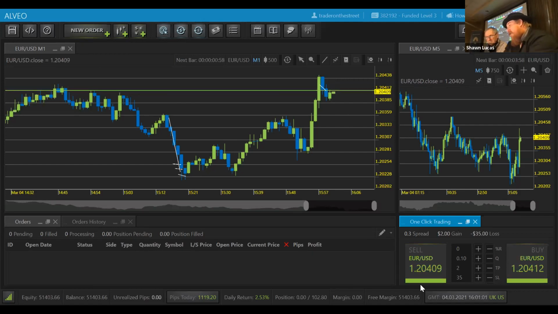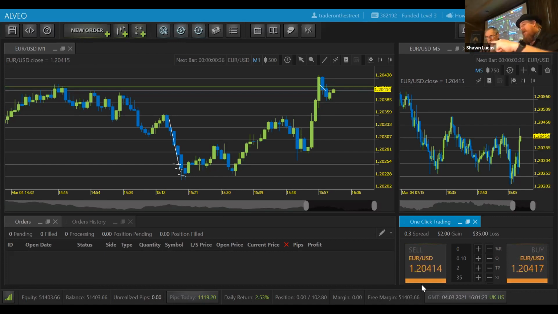All right, now the big question is do we try and make that test? Do we try and test the highs? Typically when we get a pullback like this, I'm usually adding trades to try and hit the high one more time. The problem with this trading session is that, like we said right in the beginning, we're trading around a support level. So the highs are getting pushed back down, the lows are getting pushed back up.